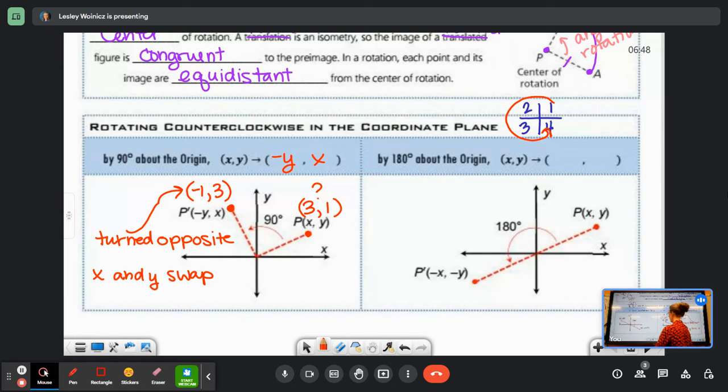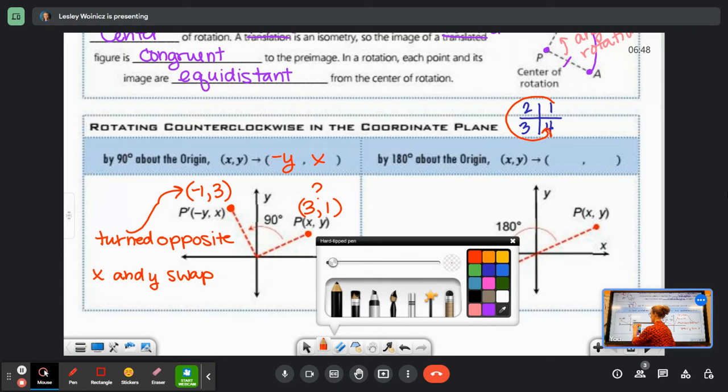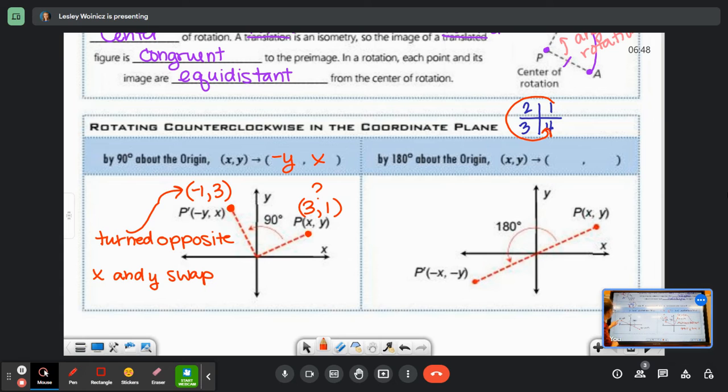Now, if we go 180 degrees around the origin, here's my starting point, 3, 1. I'm rotating 180 degrees in the positive direction, counterclockwise. I'm now at, this looks like, -3, -1.